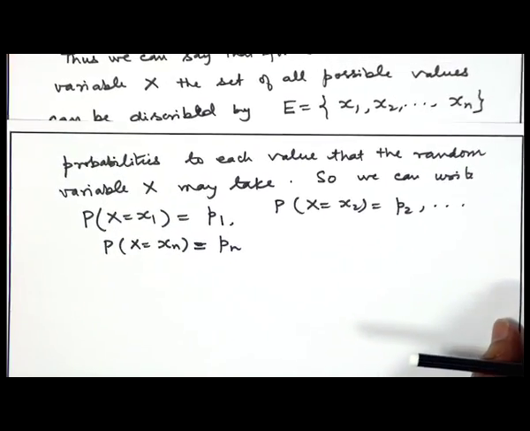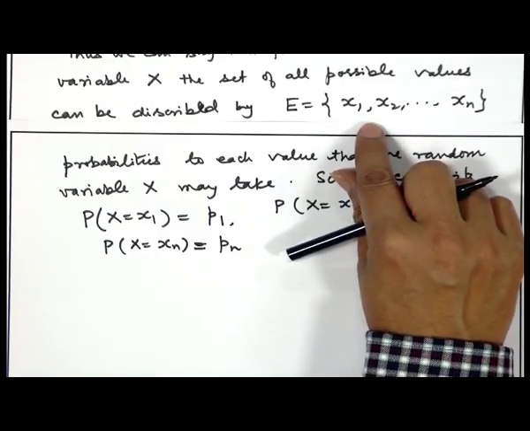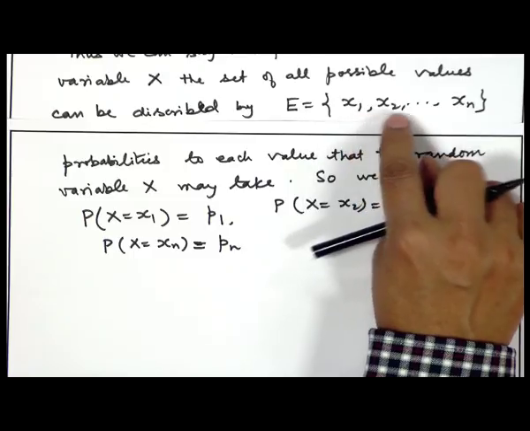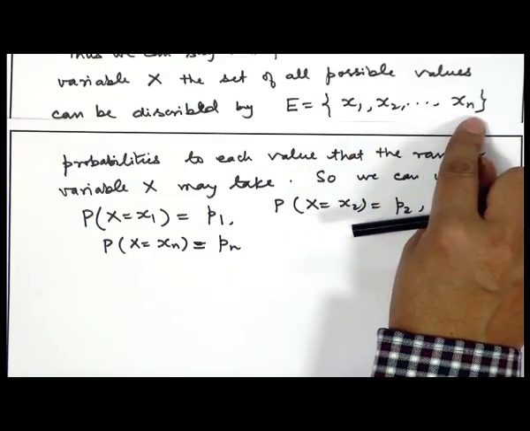Now, you can see that all the possibilities of the random variable are allocated the values x1, x2, xn.